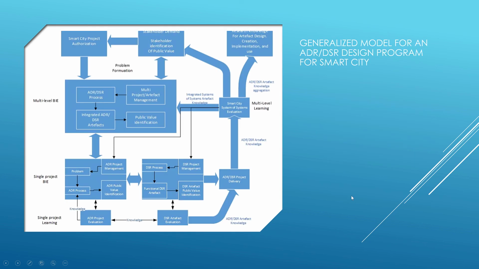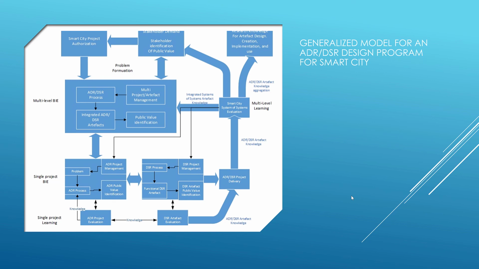And then we have a generalized model for the actual design process. So this process is in two layers. The first layer being the build, implement, and evaluate at the city level. This is the multi-level.